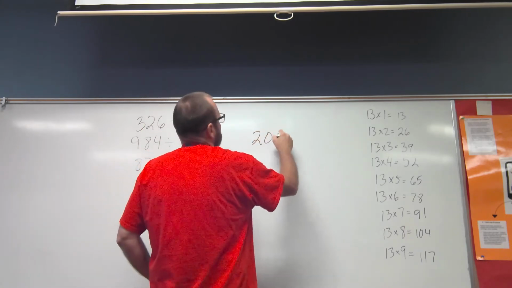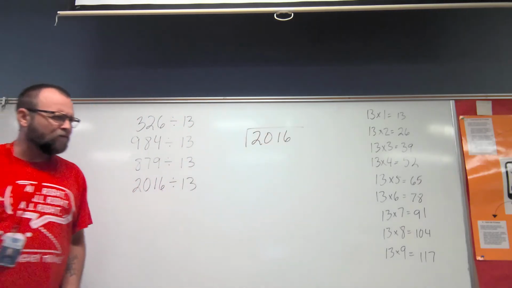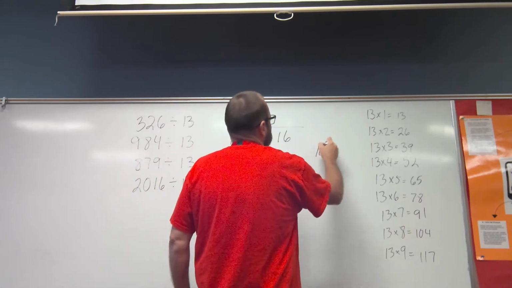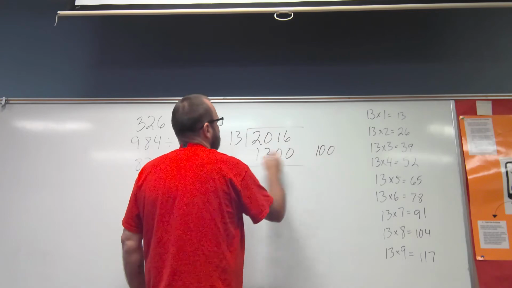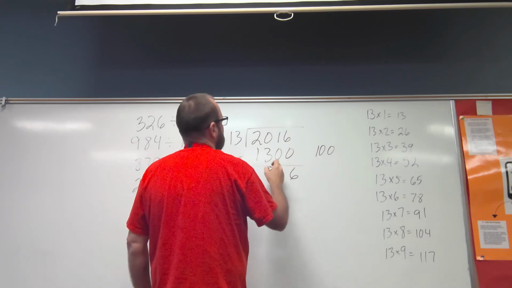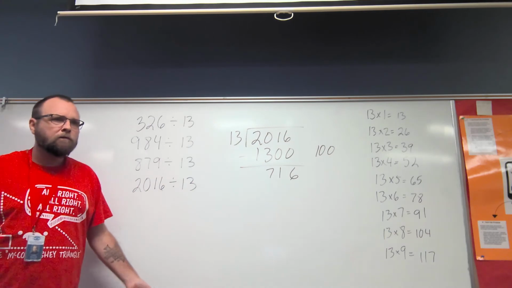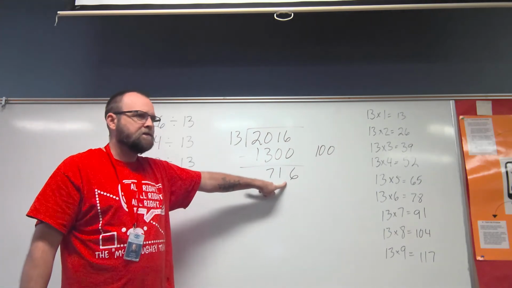Yeah. Remember, our answer when we did it was 155 remainder 1, I think. All right, so if I go 100, well, that's 1,300. And then I could subtract, 6, 1, 716. So can I go another 100? No, because this is 716.